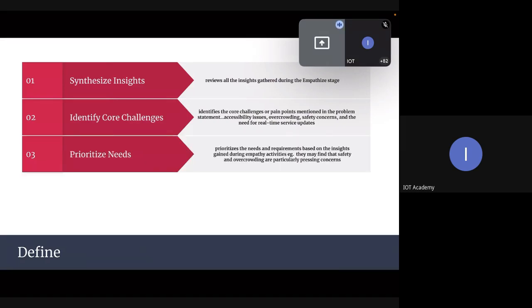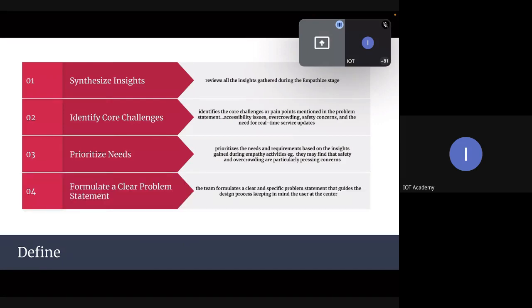After that, we will prioritize. Which issue do you think you, as a team, will be able to solve the best? Suppose out of these 5 or 6 core challenges that you have identified, you want to focus only on safety and overcrowding of passengers. So you have prioritized that these are the 2 issues that we want to solve as a team. And then you will formulate a specific problem statement.